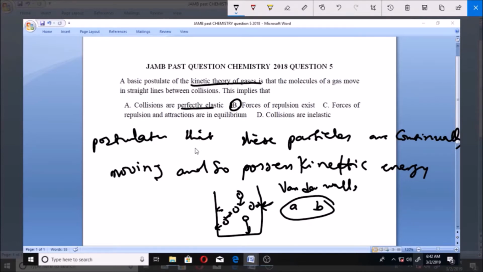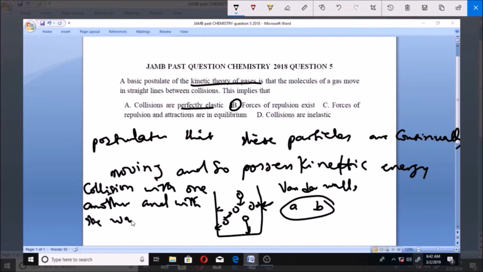So the postulate of kinetic theory of gases is that the particles are continually moving, and so they possess kinetic energy. What happens is that the gas molecules will collide with one another, and also with the walls of the container. So that's where collision normally happens, with one another and with the walls of the container.